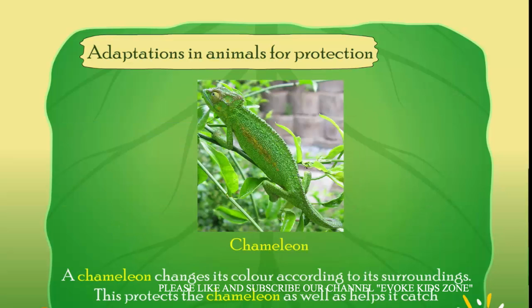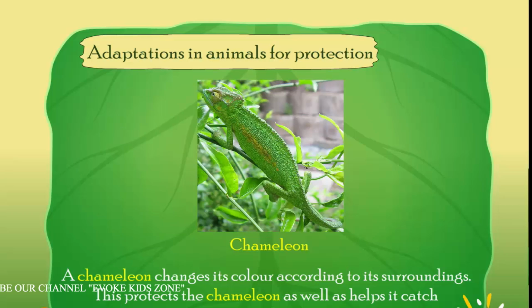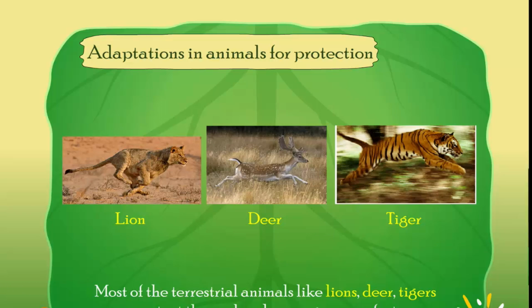A chameleon changes its color according to its surroundings. This protects the chameleon as well as helps it catch insects without being noticed. Most of the terrestrial animals like lions, deer, tigers protect themselves by running very fast.